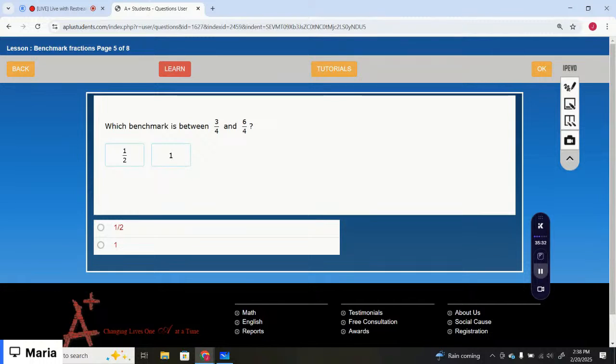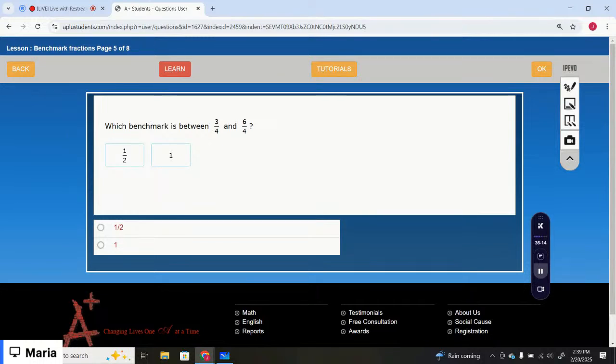Which benchmark is between 3 by 4 and 6 by 4? Again, 6 by 4 is greater than 1 because the numerator is greater than the denominator.